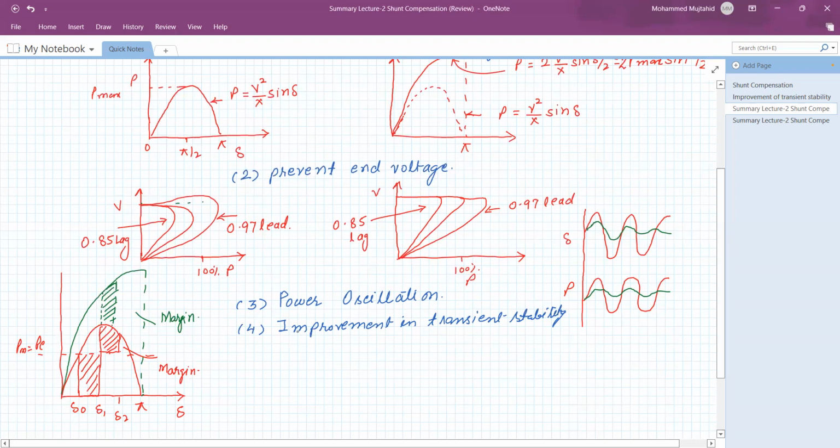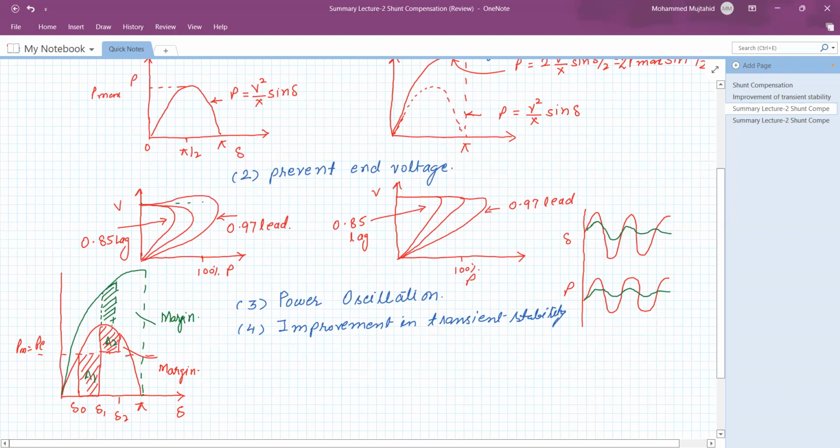And the fourth very important point is the improvement in transient stability. We have seen it in detail. The red curve is the uncompensated line, and the transient stability is evaluated by the equal area criterion. If the area of acceleration is equal to the area of deceleration, then the system will be stable. If the acceleration area is greater than the deceleration area, the system becomes unstable.